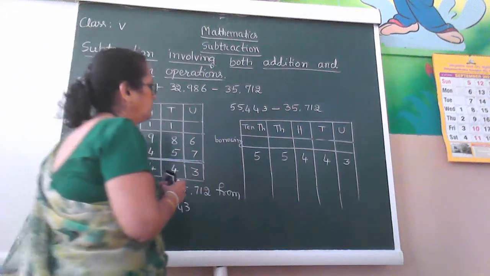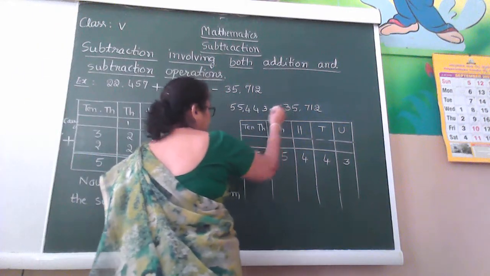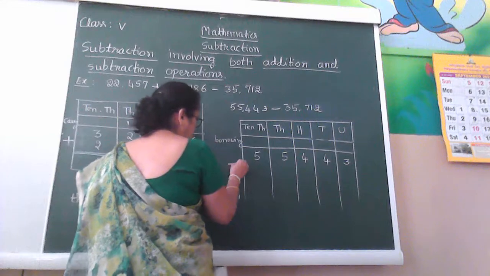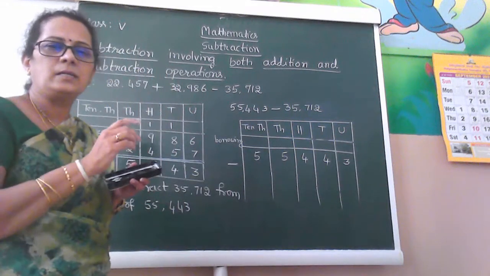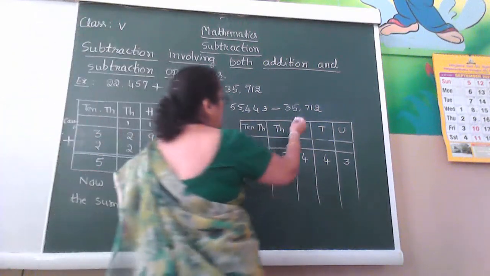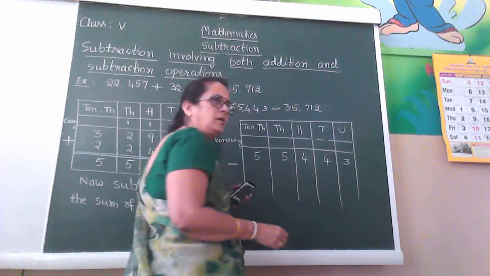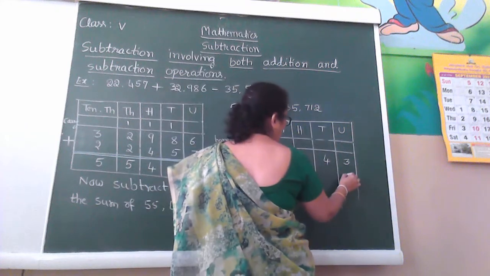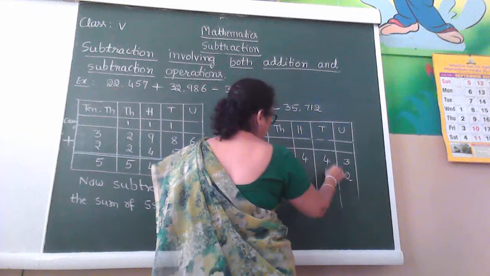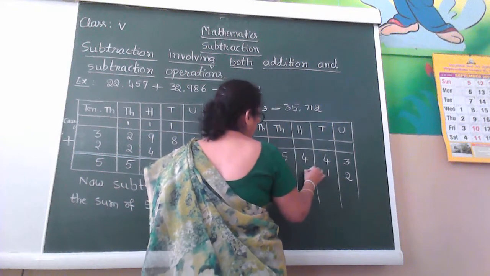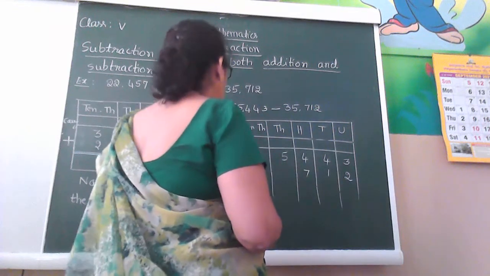Okay. Now which has to be subtracted, don't forget to put minus sign. Write 35,712. 2 is in unit, 1 tens, 7 hundreds. Okay.